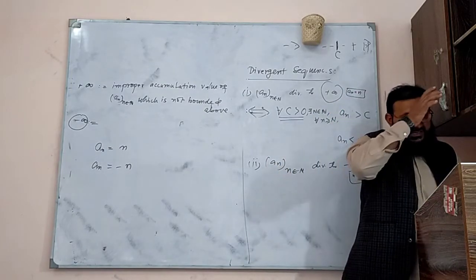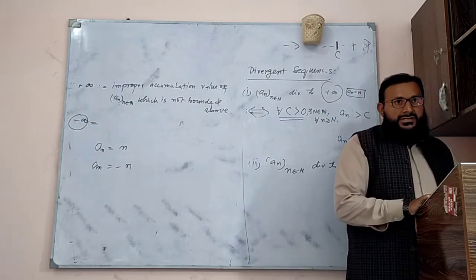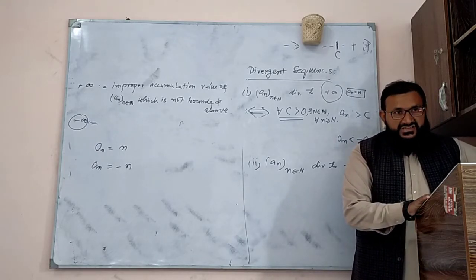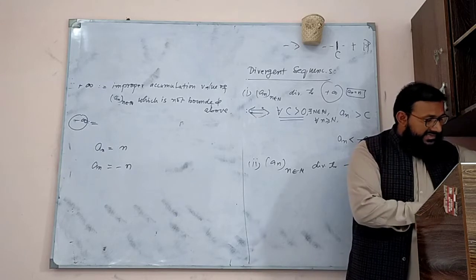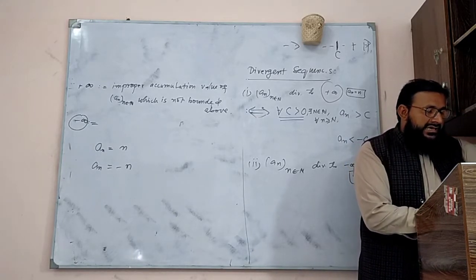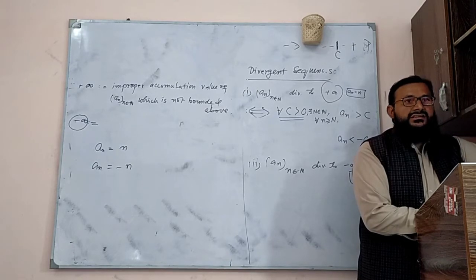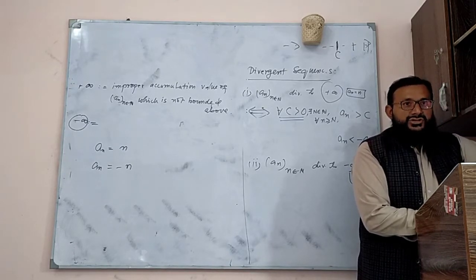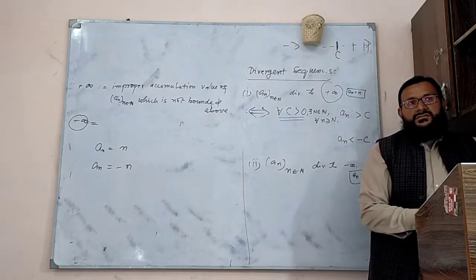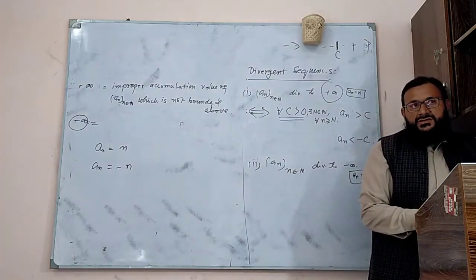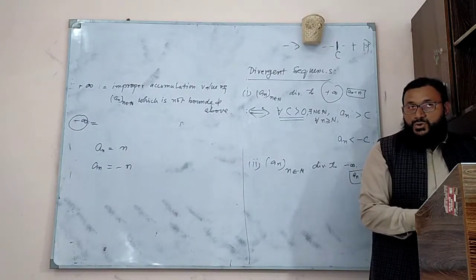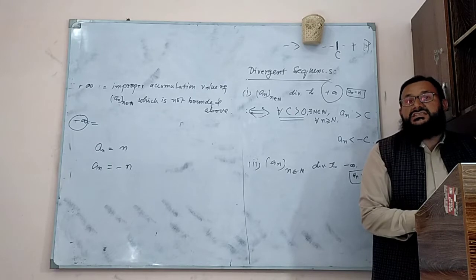So sequences might have proper and improper accumulation values, and improper accumulation values are plus infinity and minus infinity. Can a sequence have both plus infinity and minus infinity as its accumulation values? Give me any example of a sequence with two accumulation values, one plus infinity, the other minus infinity.